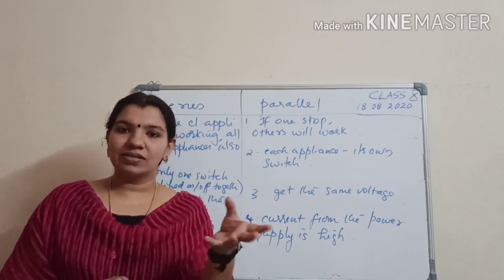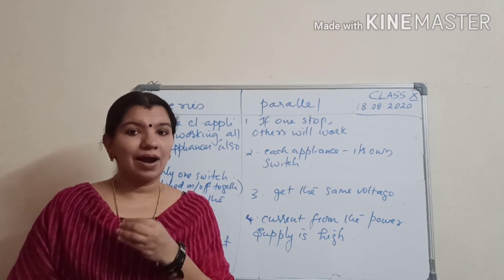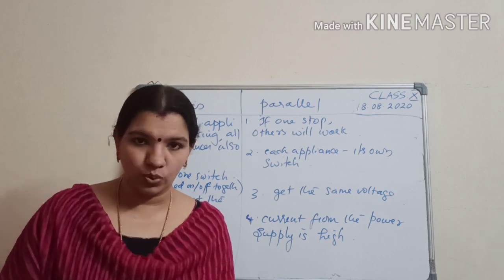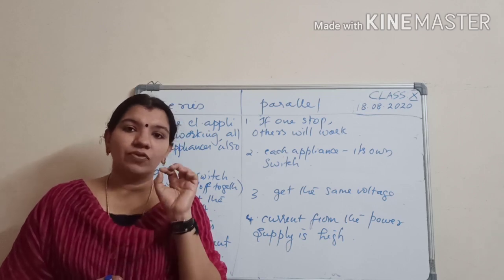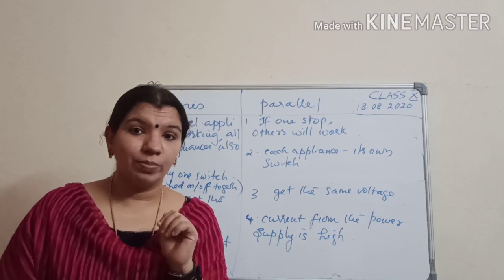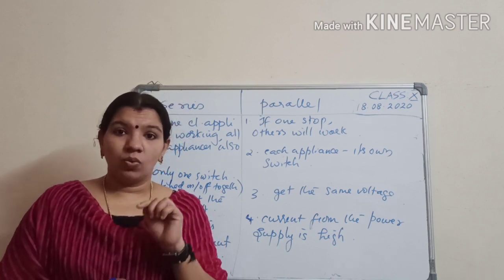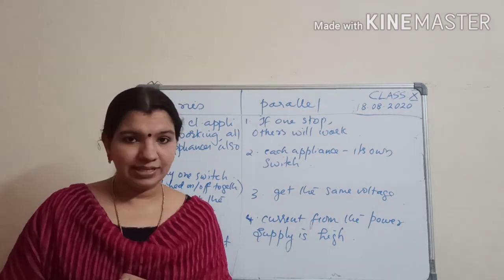Another question is why we are using parallel connection in household circuits. That is very important. In our houses, for wiring and all, we are using parallel combination. Why we cannot use series combination? That is what we are going to discuss now.